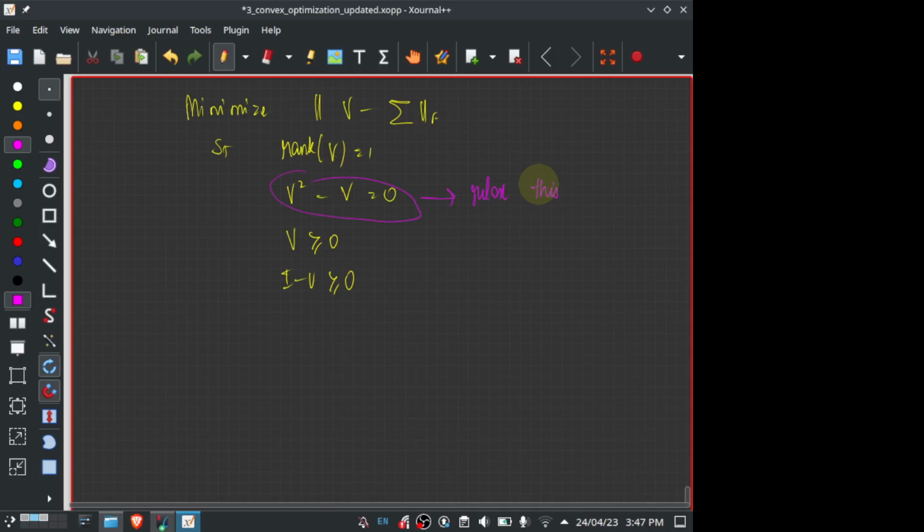Set of all matrices for which the rank is equal to 1. Does this form a convex set? Why not?